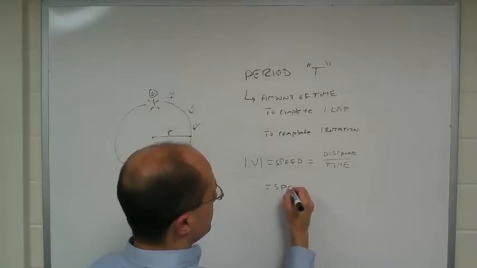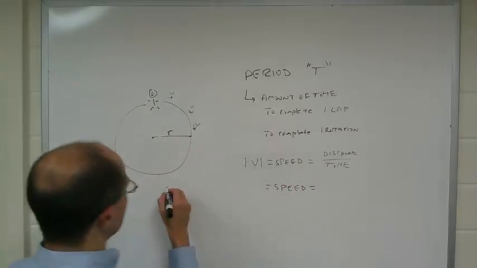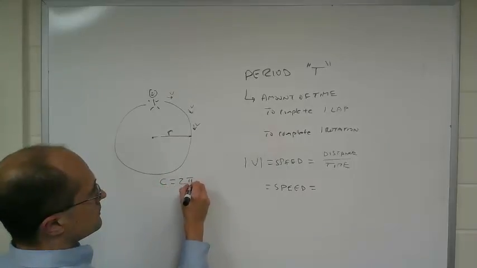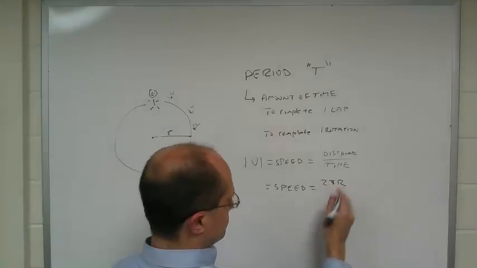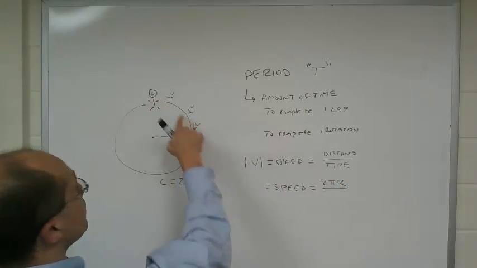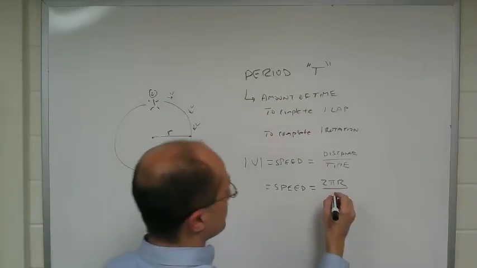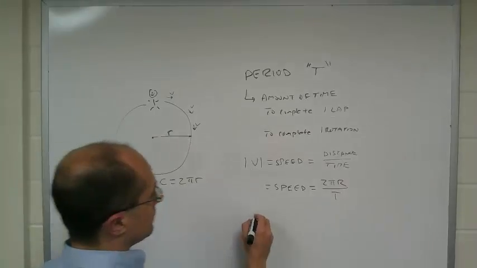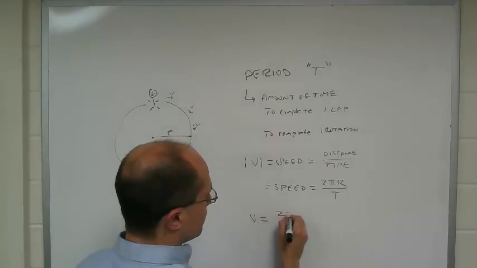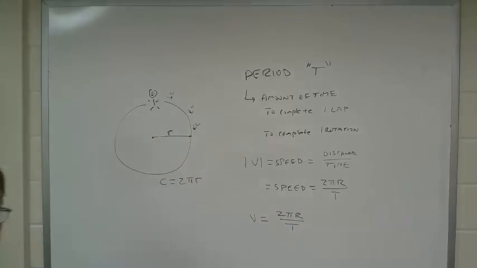So your speed equals the circumference. The circumference of a circle is 2 pi r. So you're going to cover 2 pi r, and the amount of time it takes you to cover one rotation or one lap is the period. So your speed, or the magnitude of v, your velocity here, is 2 pi r over the period.